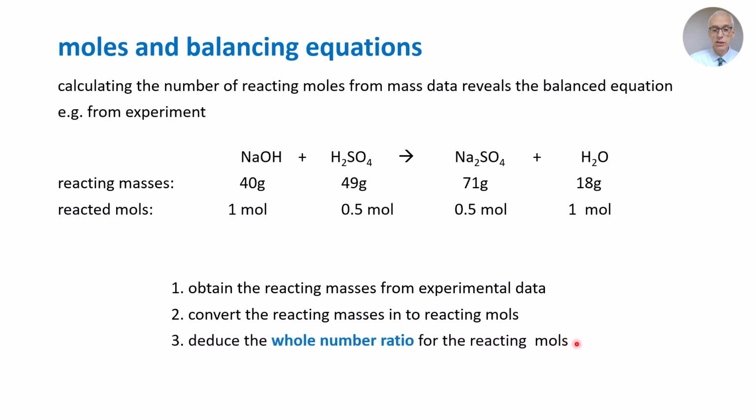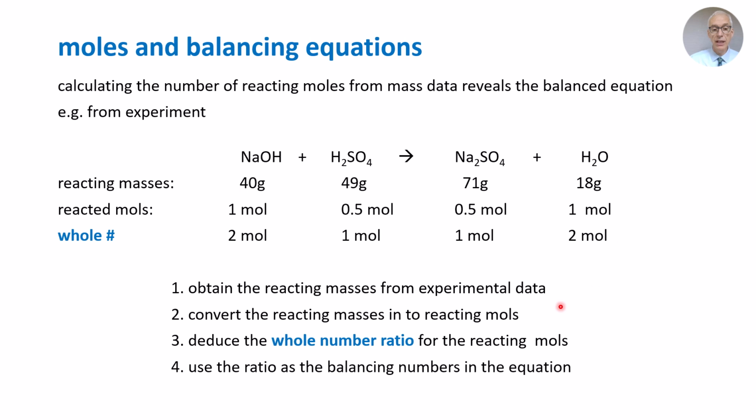We then deduce the whole number ratio for the reacting moles. So 1 to 0.5 to 0.5 to 1. Multiply that through by 2 gives us 2 to 1 to 1 to 2. So that's the whole number reacting mole ratio. And then you put those numbers into the chemical equation.